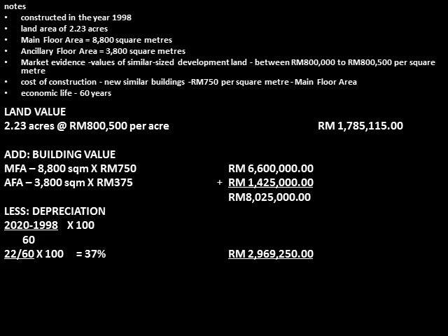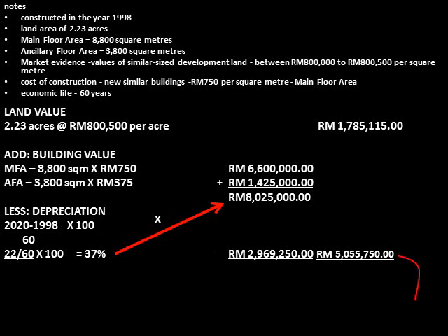How do we calculate? Then you need to convert it into RM, into figures. How to get 2.969? It is actually 37% times 8 million. You will get 2.9 million, and then you deduct this. You will get 5.055 million.